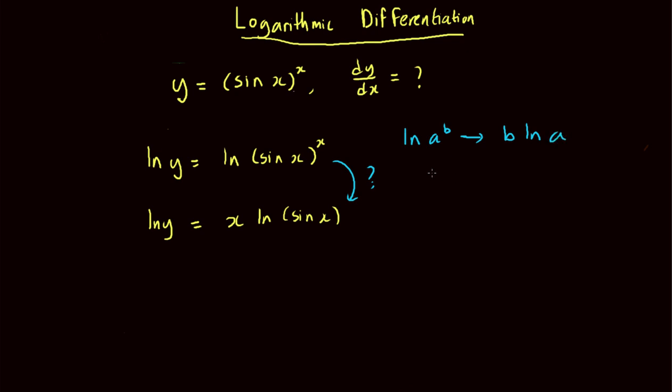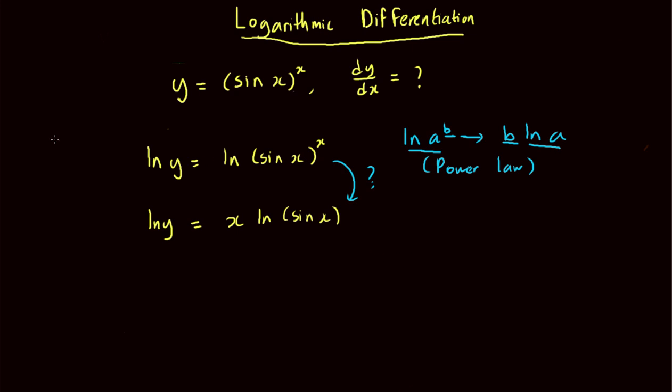This is like a power rule in logarithms, going back to stuff in pre-calc, where if you have the ln of a with a power, you can bring that power down and multiply it with ln a. So this is the logarithmic rule we're using here.